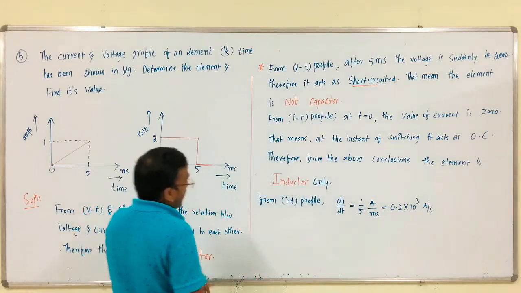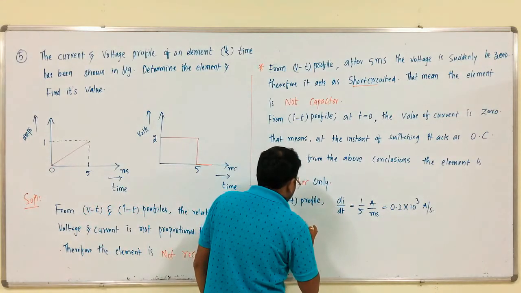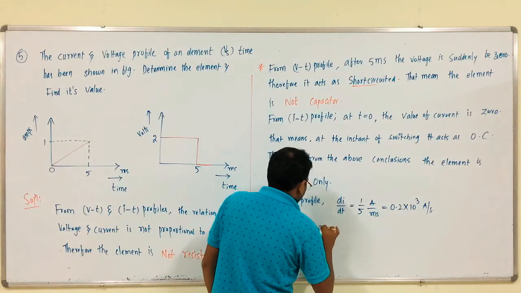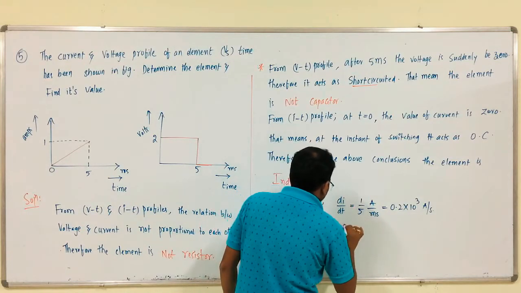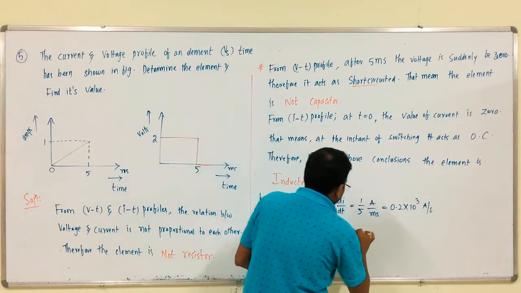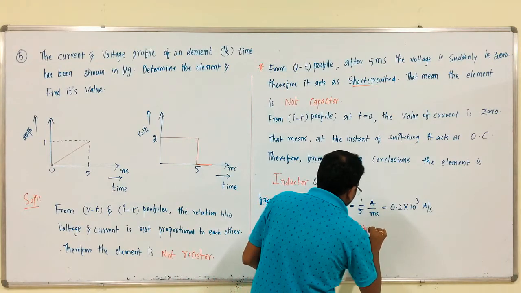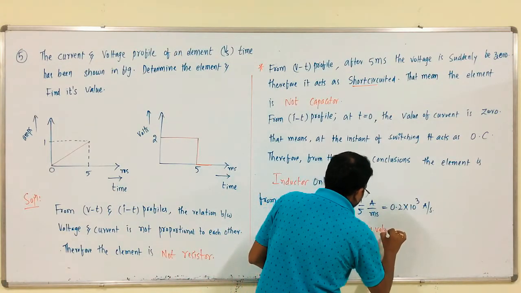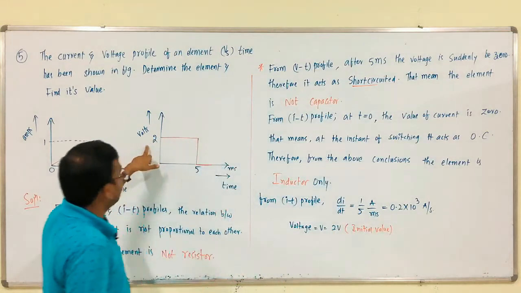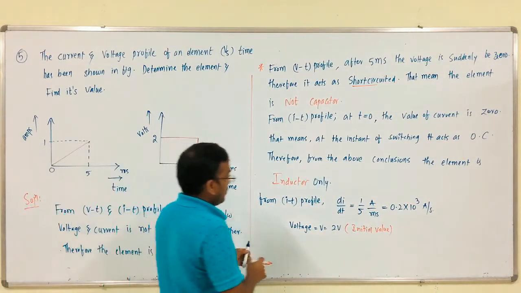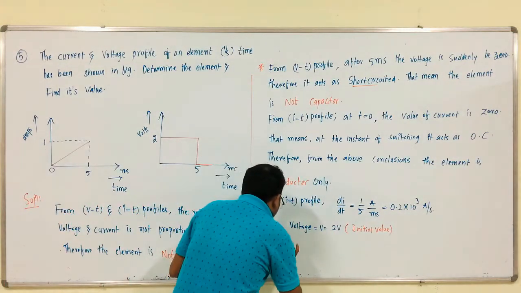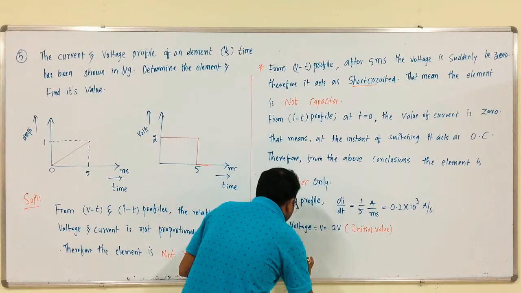And what is the value of voltage? Voltage V is equals to 2 volts, that is nothing but initial value. We all know that V equals to L into di by dt.